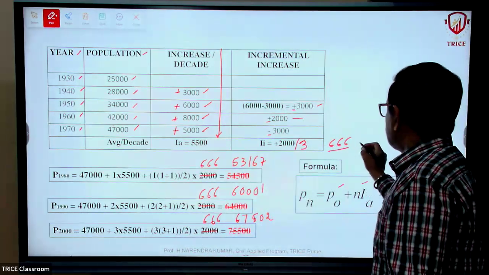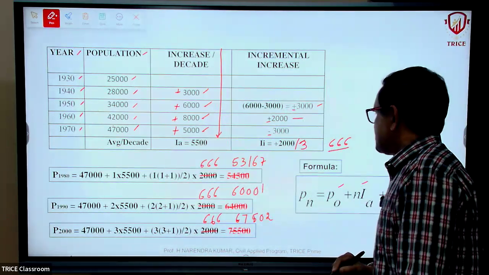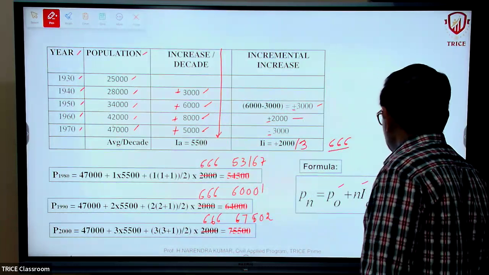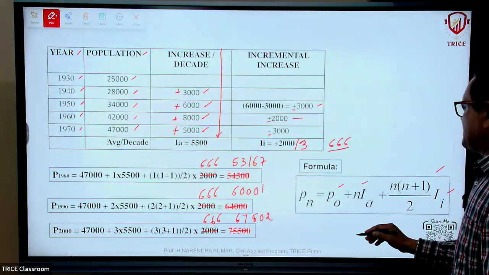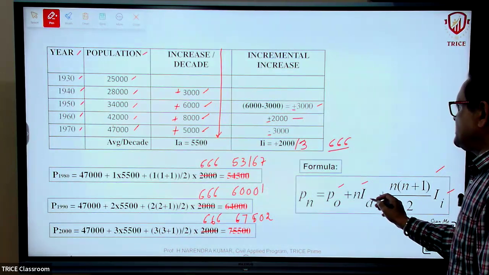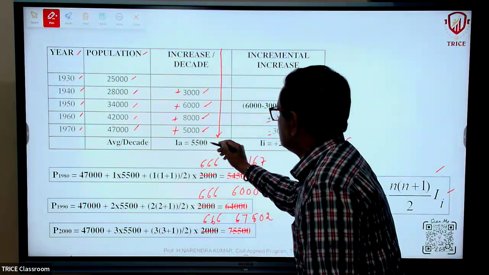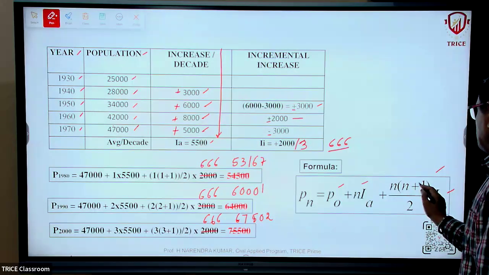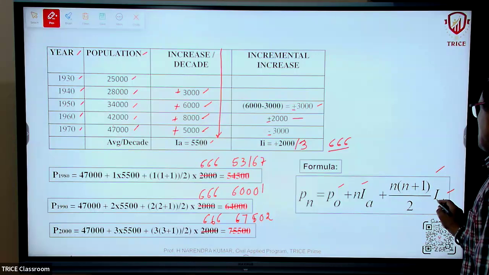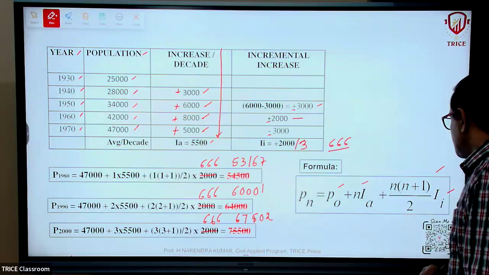So this is nothing but the average value 666. Use this equation. Once again, let me explain. P naught is the previous decade population, n is the number of decades, Ia is the average increase per decade, n into (n plus 1) divided by 2 into Ii. Ii is nothing but 666.